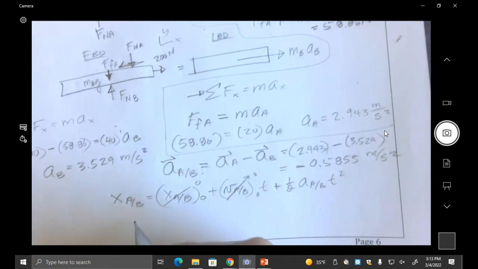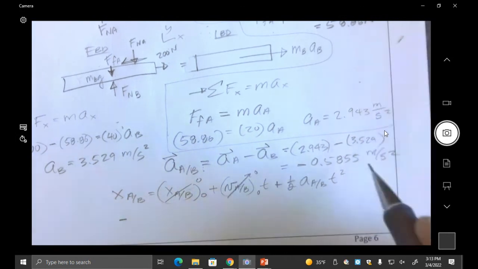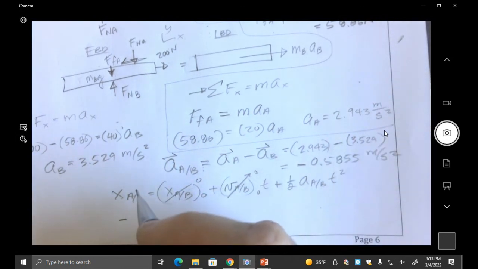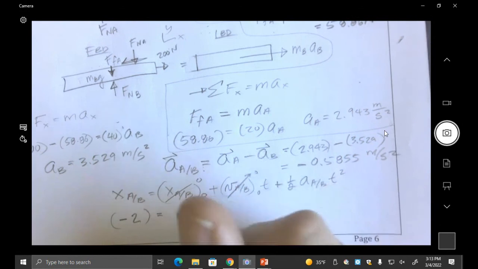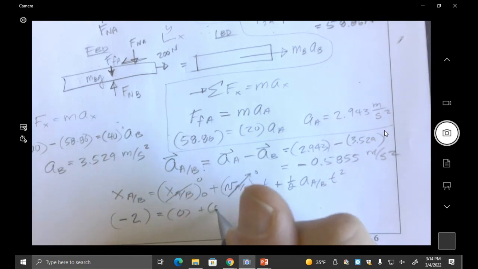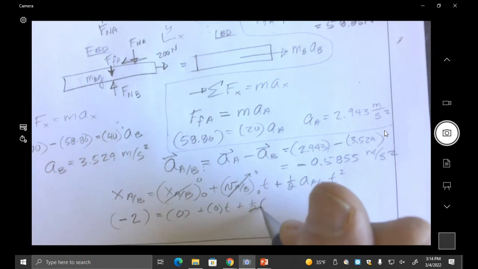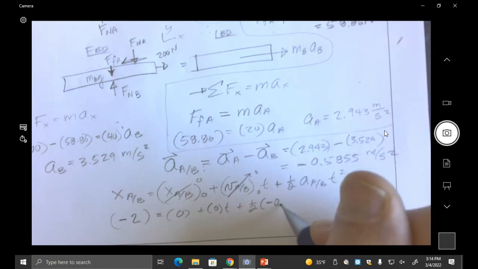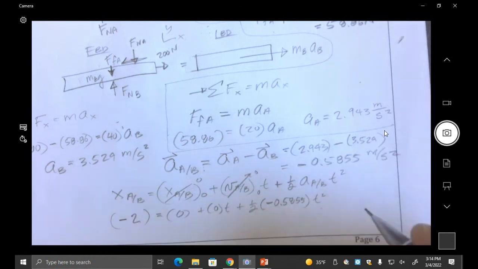It's going to be moving in the negative direction, so when we say 2 meters, it's a negative 2 meters that it's moving. The 0 times t doesn't matter, plus 1/2 times negative 0.5855 t squared.